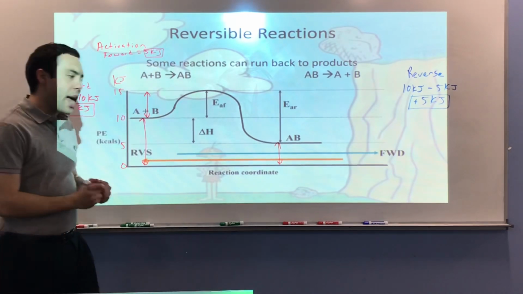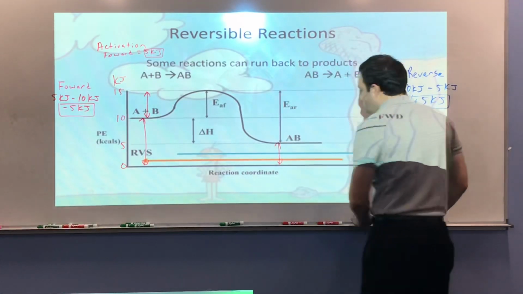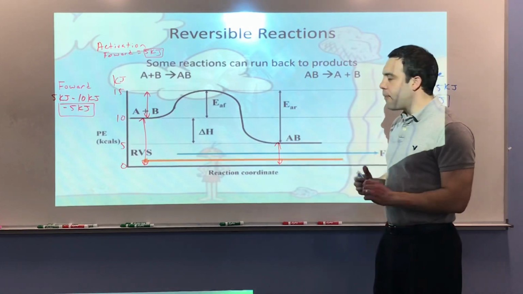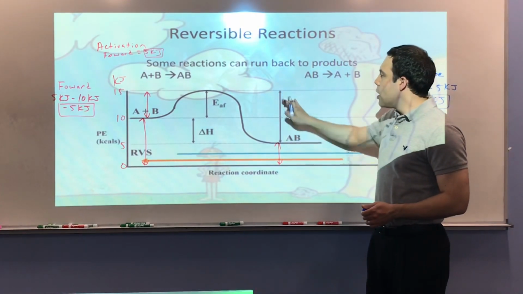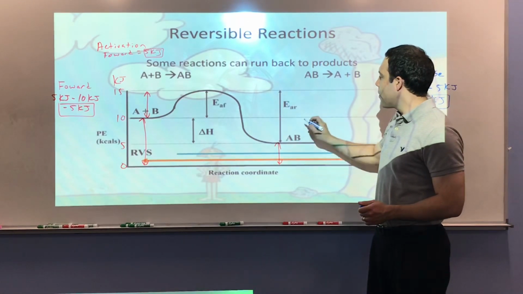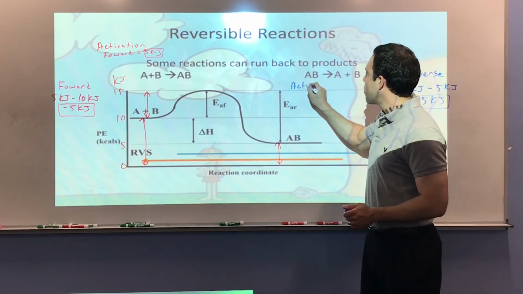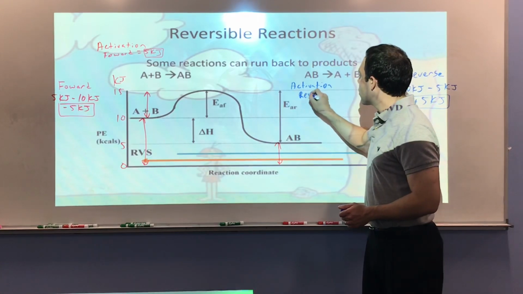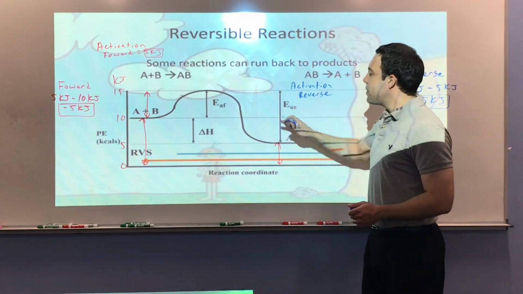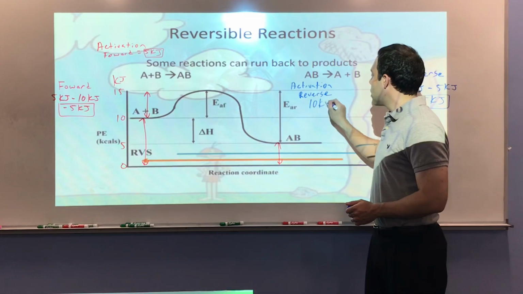The reverse reaction, we start here at 5, and we go to the top of the peak, which is 15. So 15 minus 5, the activation energy of the reverse reaction, is 10 kilojoules.